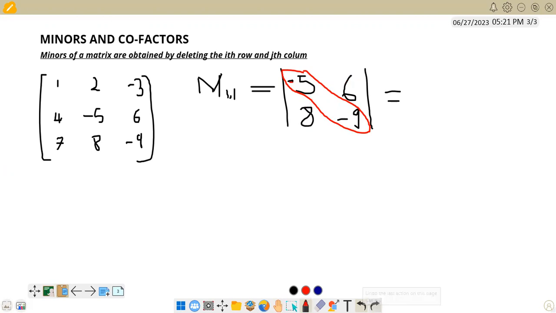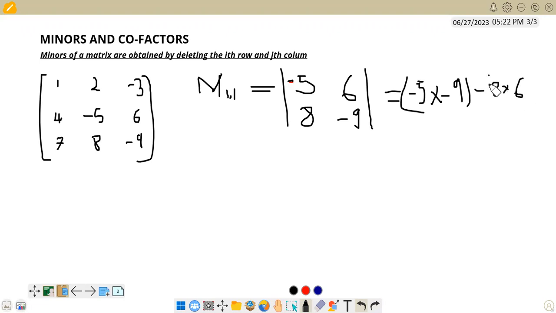So -5 times -9 gives positive 45, so it will be 45 minus 8 times 6, which is 48.